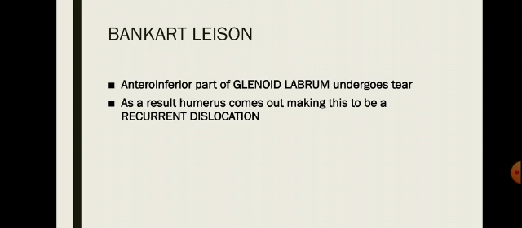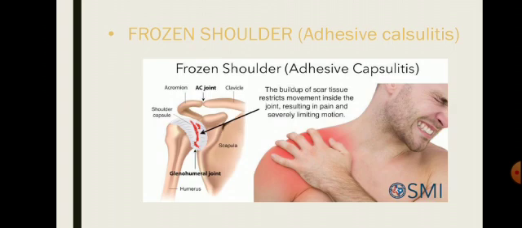To reduce a hernia, we press it so that it gets back into the cavity. Similarly, here also the humerus will come out through the tear in the antero-inferior part, but whenever we push the humerus, it will get back in. This is the Bankart lesion.